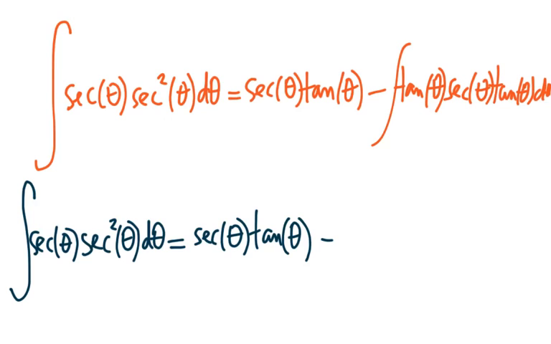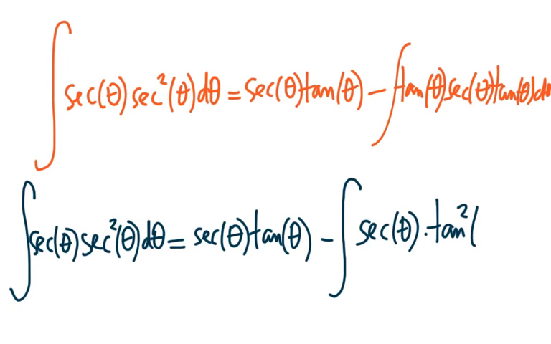What if you made that secant squared theta into 1 plus tangent squared? Would that be easier? Under the integral term at the start. Okay, let's do that then. So I'm going to say this is secant theta, and then tangent squared theta, d theta.